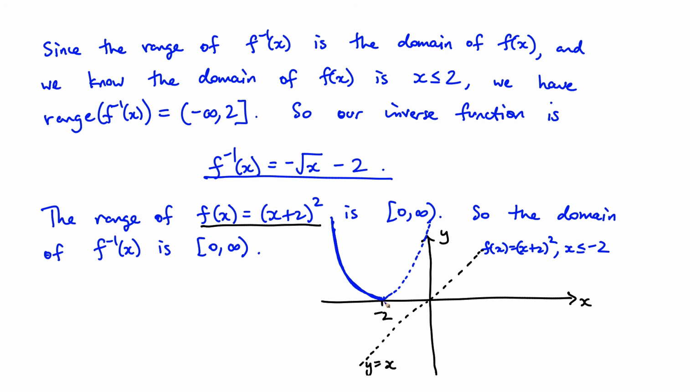So this point minus 2, 0 will flip down to be 0, minus 2, and we'll get a parabola down here, and it goes on forever, obviously. This is our inverse function, which is minus root x minus 2. And so that's the sketch of f and its inverse, minus root x minus 2.